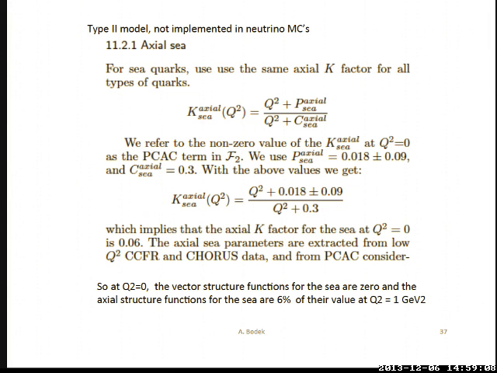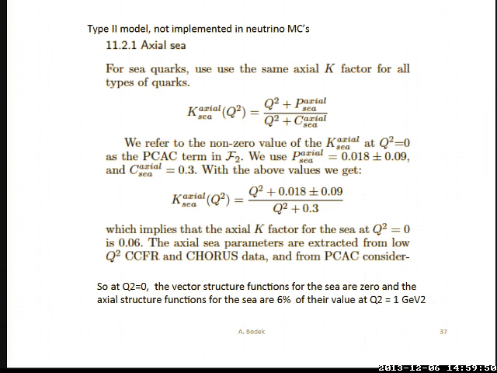So you read theoretical papers. I think Kulagin here has done this work. Or you go to some papers. There was CCFR, which tried to measure F2 at q squared equal to 0. And you look at those papers, and you say, well, the axial neutrino structure function as you go to q squared equal to 0 in the region of small x appears to be non-zero, a little bit. And you can either use PCAC or you use CCFR data, and then you find out that normally the axial K factor for the vector will be q squared over q squared plus something to go to 0.